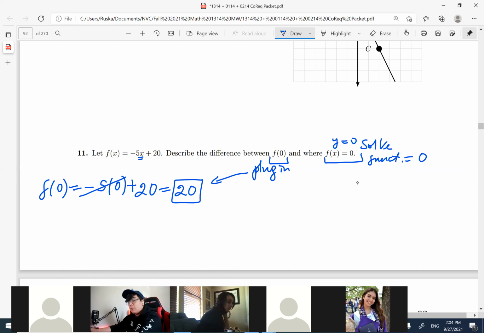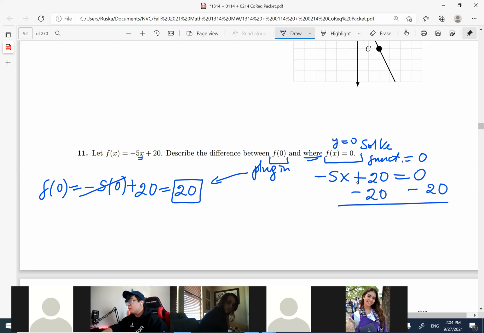Now, if I want to find where f of x is equal to 0, I need to solve the equation. I'm going to copy my function, -5x plus 20 equals 0. So the whole function equals 0. You solve this equation by subtracting 20 from both sides, the way you solve any linear equation.